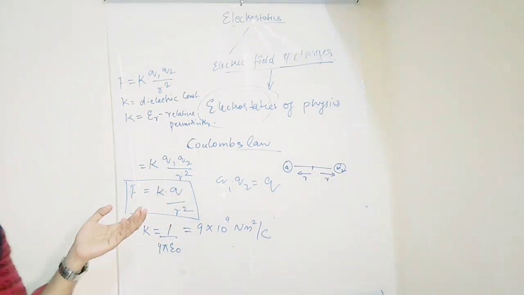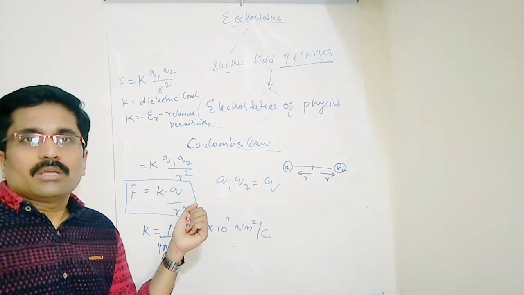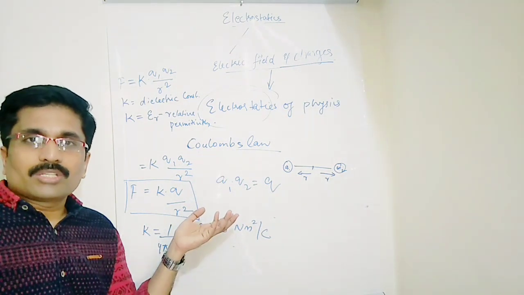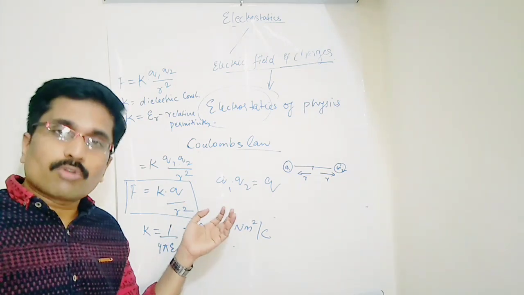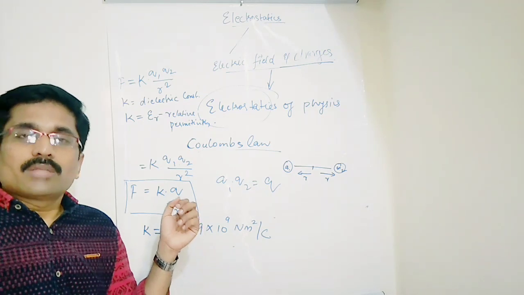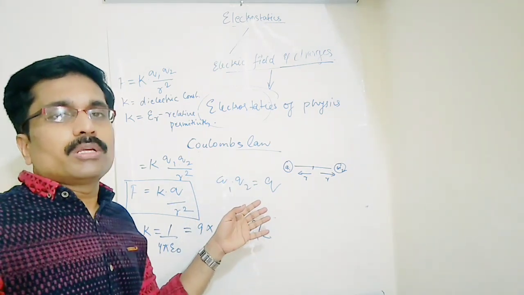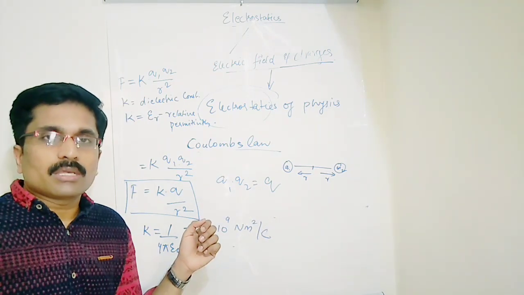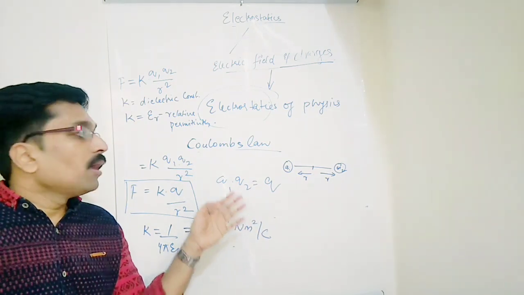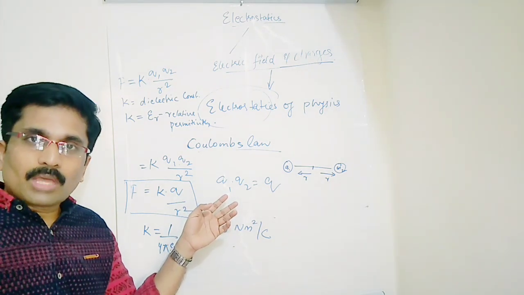Coulomb is a famous scientist, and he described that like charges repel each other and unlike charges attract, and the force of attraction between the two charges is directly proportional to the product of the charges and inversely proportional to the square of the distance between them. So here we have taken two test charges, and what are test charges?